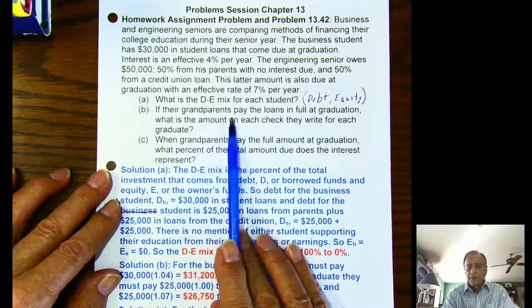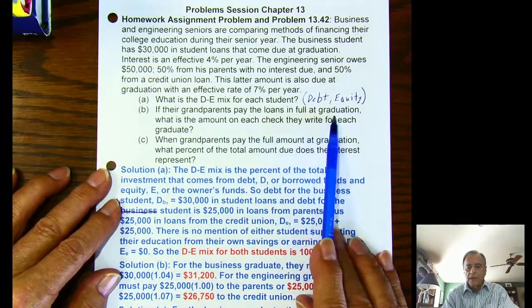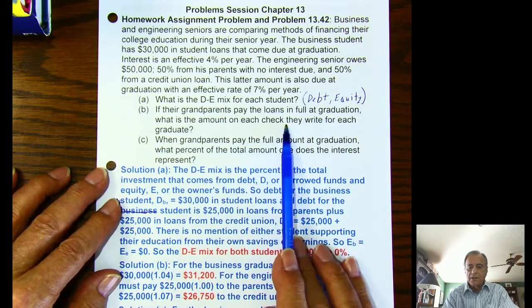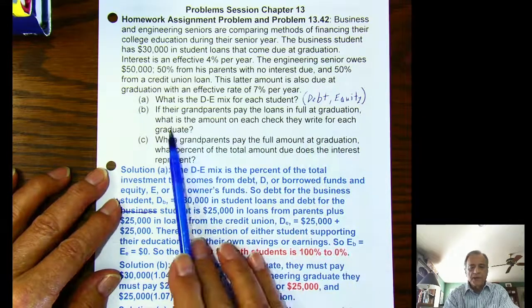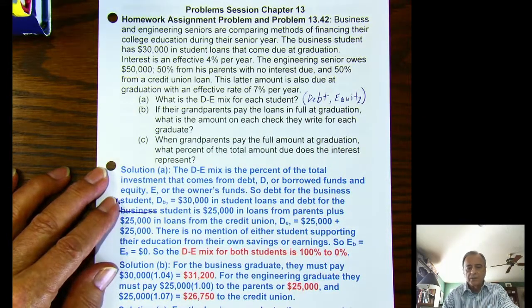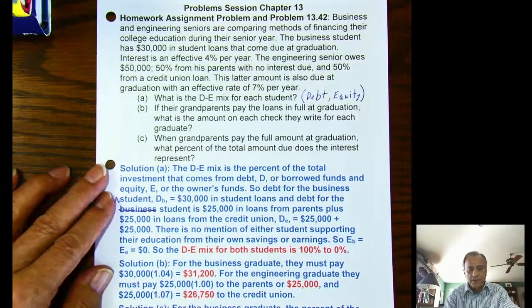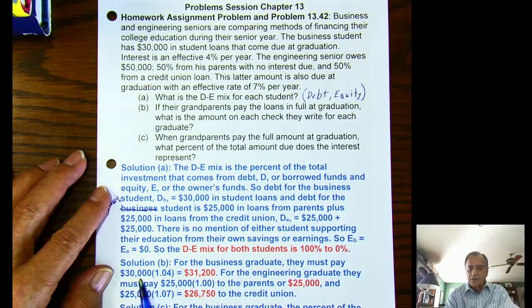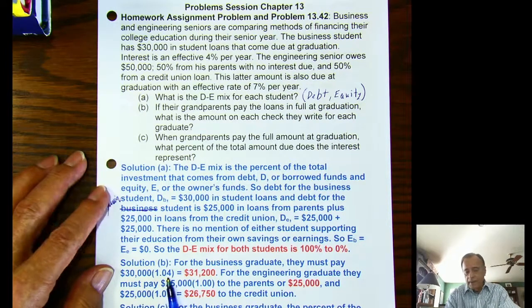If their grandparents pay the loans in full at graduation, what is the amount on each check they write for each graduate? So let's take a look at the business graduate first. For the business graduate, they must pay $30,000 times 1.04. And actually, that's kind of the F given P factor for 1 year, and that would be 1 plus i to the 1, which is just 1 plus i, which is 1.04, times 30,000.